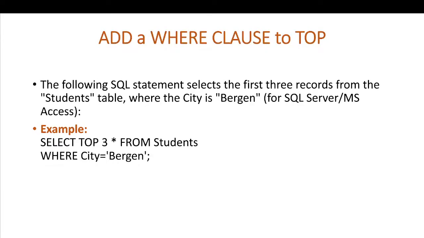And next, add a WHERE clause to TOP. We have just seen the basic one with SELECT TOP 3 FROM students, but now WHERE city equal to Bergen. You can give any column name and its value. We will see what it will display.